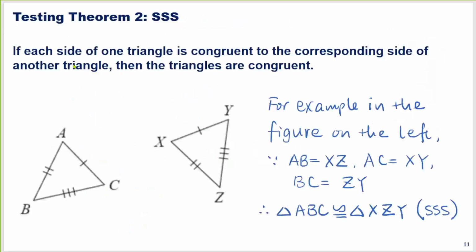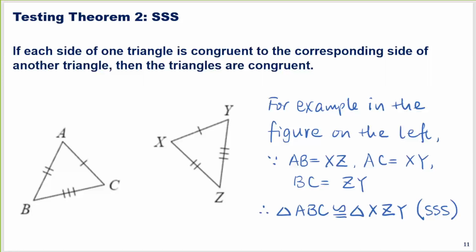Alright, next let's have a look at the second testing theorem we can use to prove two triangles are congruent, which is called SSS. So from the name, probably you can guess the meaning of this theorem. If each side of one triangle is congruent to the corresponding side of another, then the triangles are congruent.